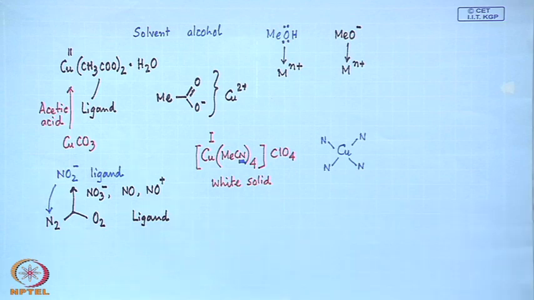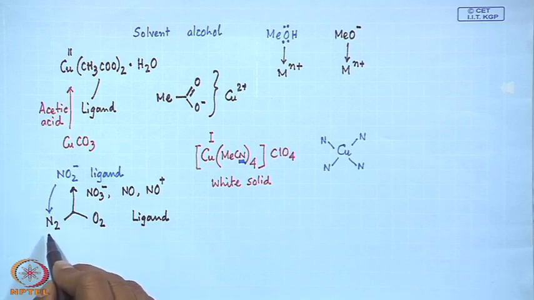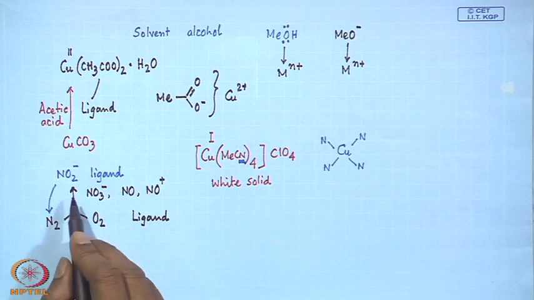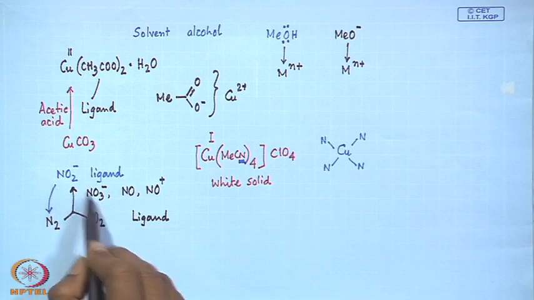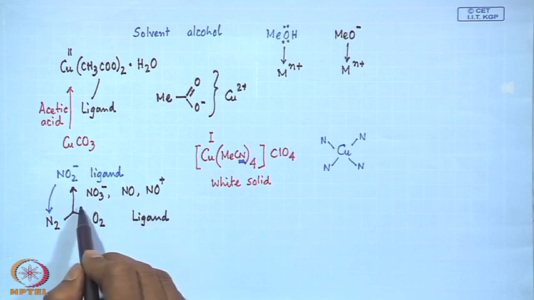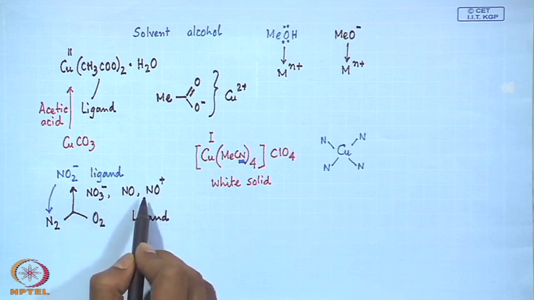And starting from the effect of nitrogenases, where we can fix the dinitrogen molecule to ammonia, to its oxidation to different nitrogen based species, nitrogen oxide based species, we will see that these basically bind to the metal center as good ligands.